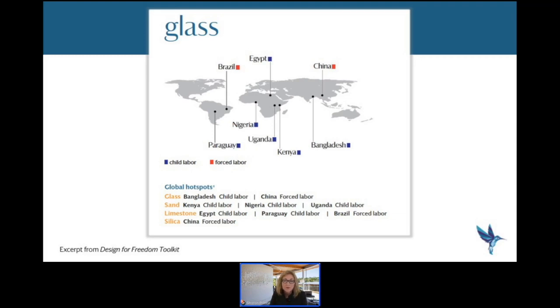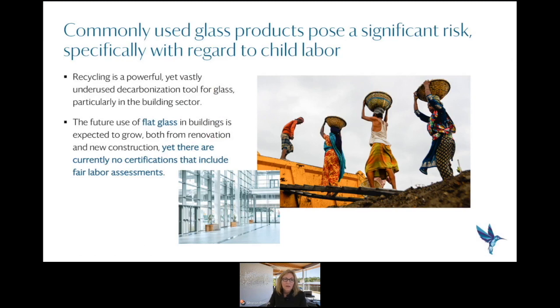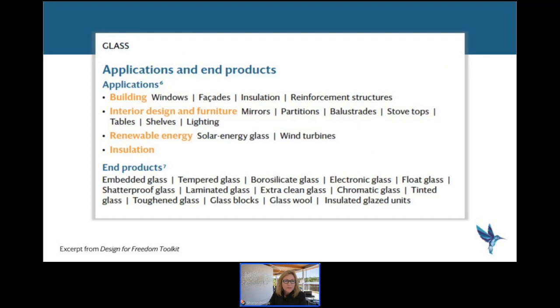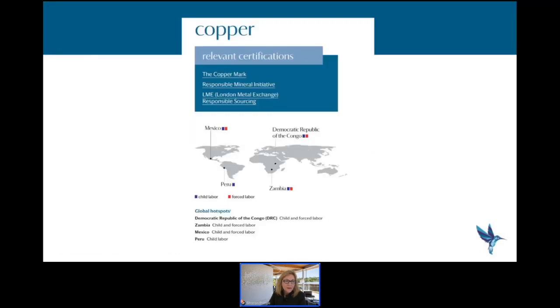Yet there are no current certifications that include fair labor assessments specifically for glass. You can see too why that's an important part of it. What are the components of glass? We'll put that into our exhibit so people understand even these composites and where the products end up being used.